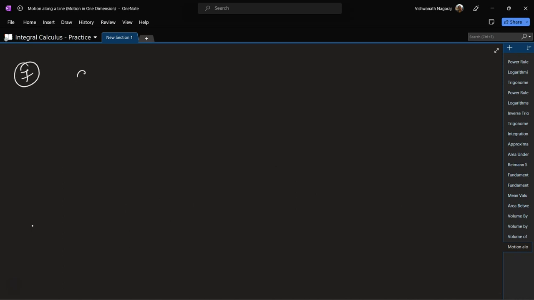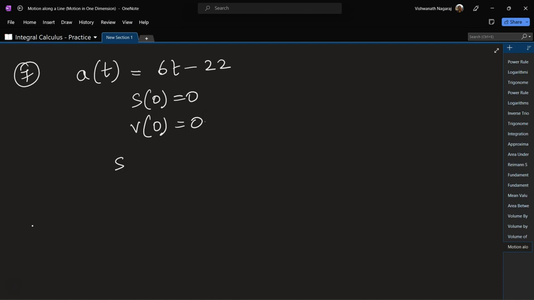Seventh one. Now here we are given acceleration a of t is equal to 6t minus 22. And we are given that s of 0 equal to 0 and v of 0 is equal to 0. And we have to figure out s of t. Naturally, we will have to figure out v of t first.